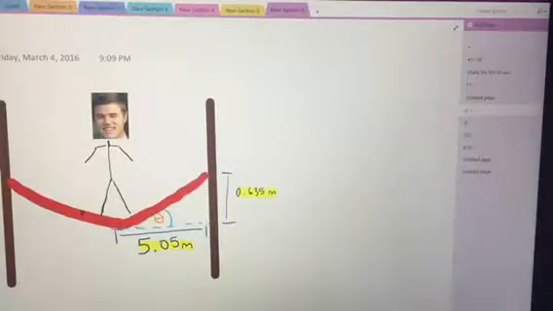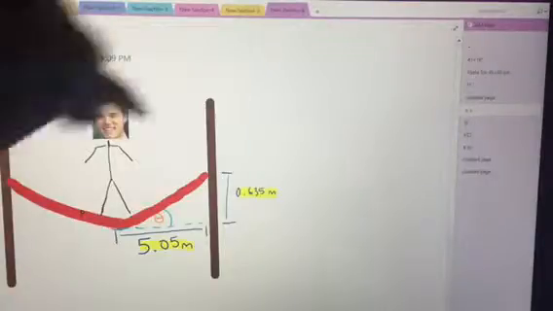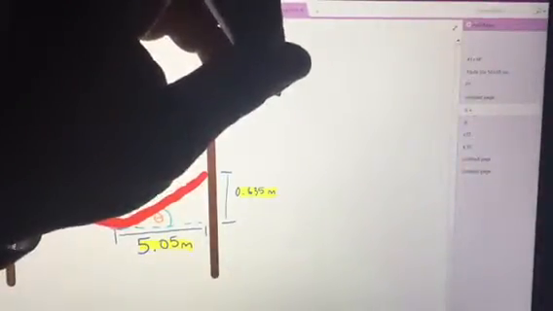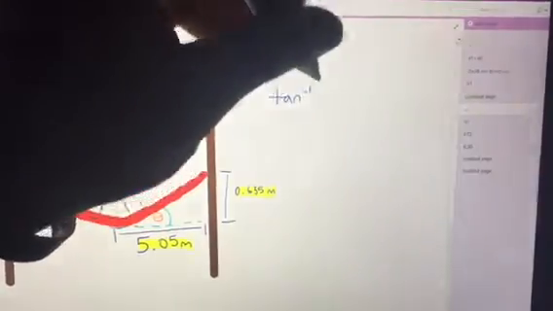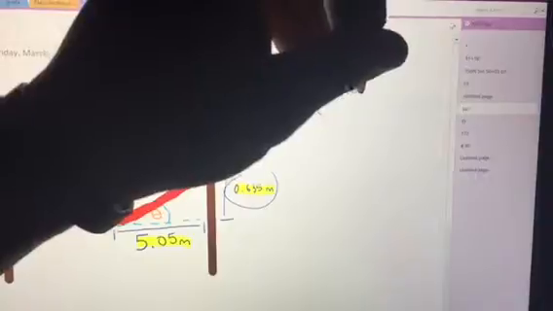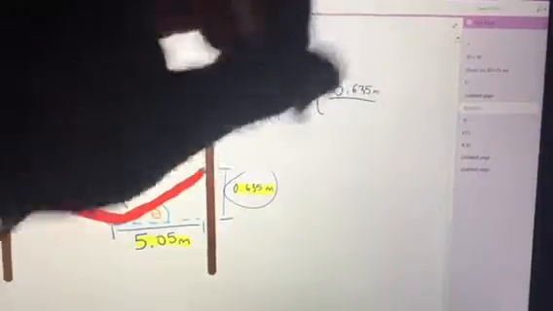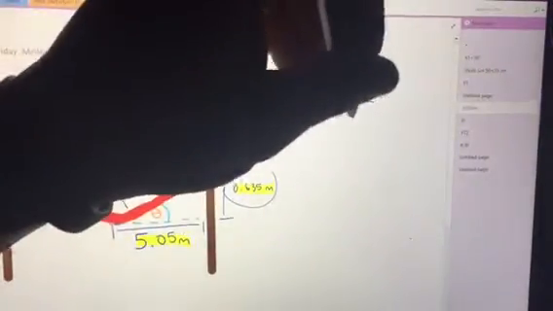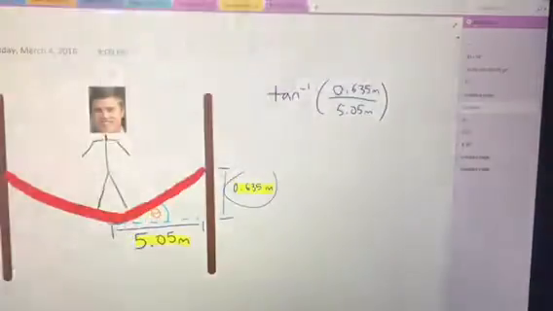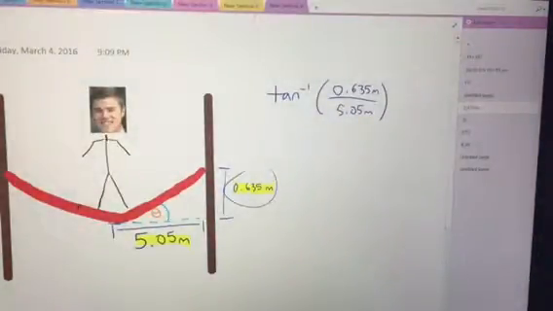So to find theta, we use the tan inverse of the opposite, which is 0.635 meters, over the adjacent, which is 5.05 meters. And we get that to come out to 7.2 degrees.